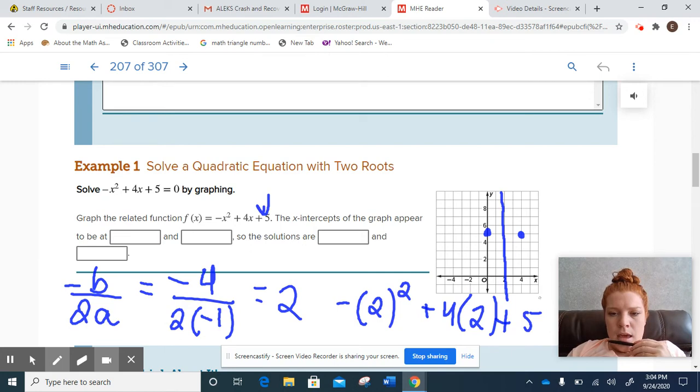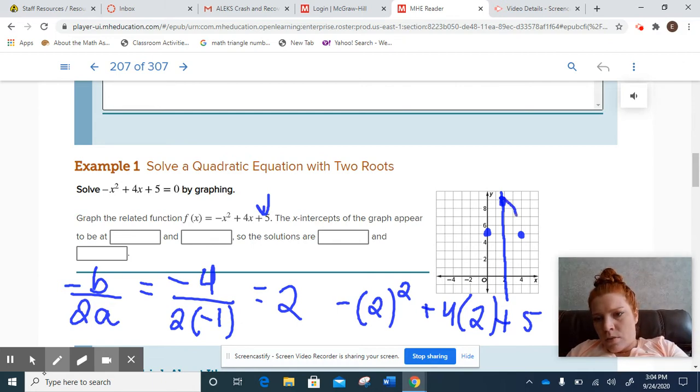So looking at that, we have 8 plus 5 is 13, minus 4 is 9. I'm seeing 9. I want to double check that. 8 plus 5 is 13. Yep, 9. So it's all the way up here. It's 2 comma 9. Hopefully I'm not missing anything.